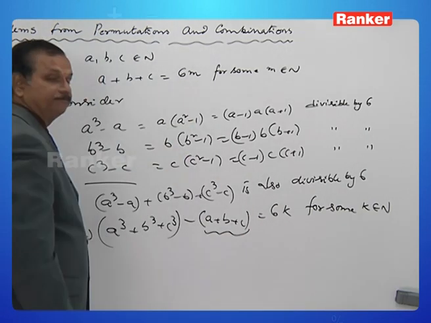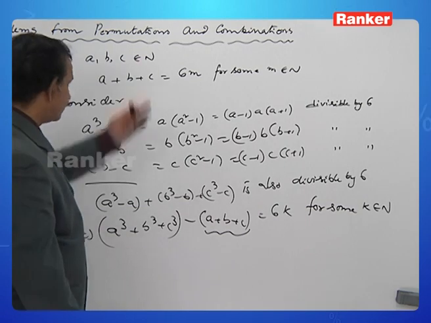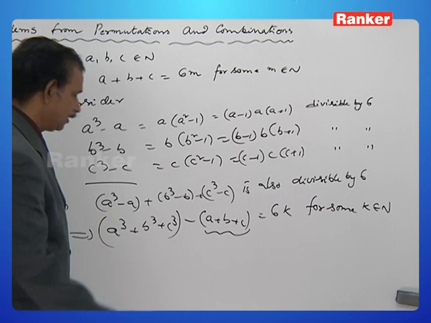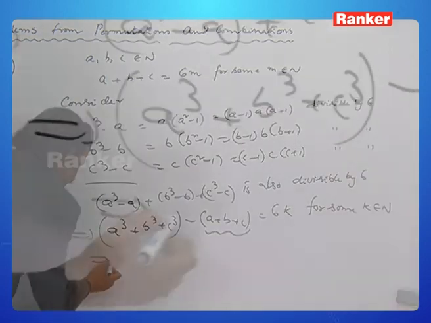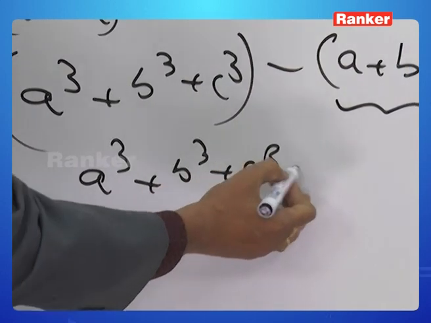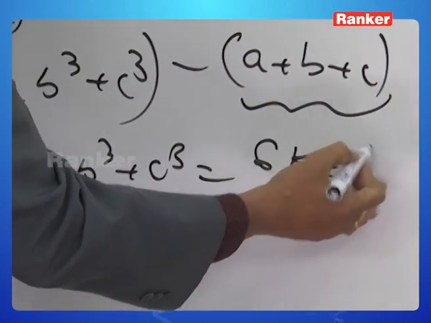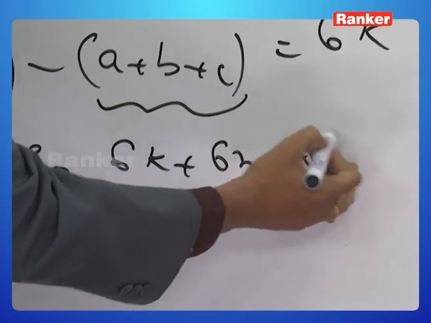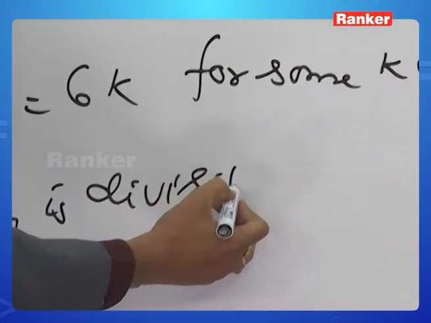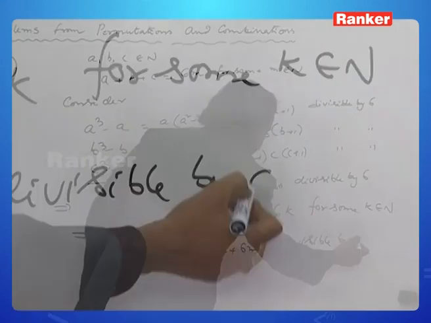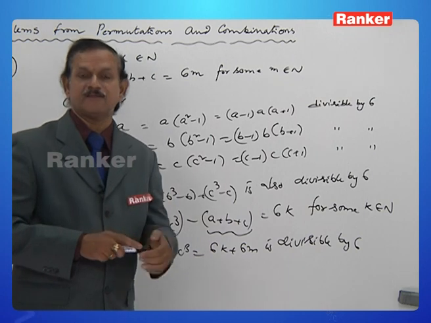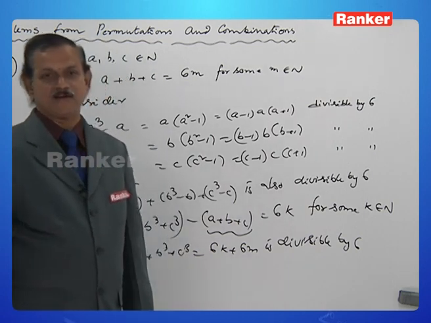It is 6m. Minus 6m goes that side, plus 6m. So, what do you get? This is A cube plus B cube plus C cube is equal to 6k plus 6m, is divisible by 6. So what is the right option? Option A is the right option.